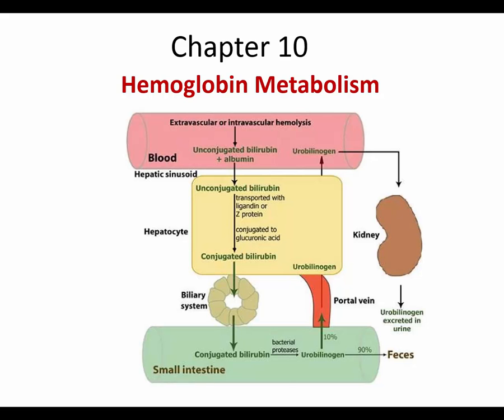There are 3 main components that are going to make up the red blood cells. One is going to be proteins. Hemoglobin is a protein, right? What does protein consist of? What makes proteins? Amino acids.